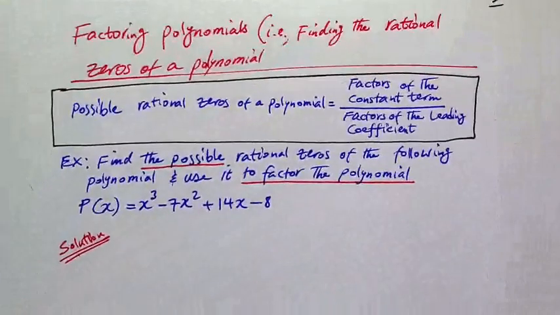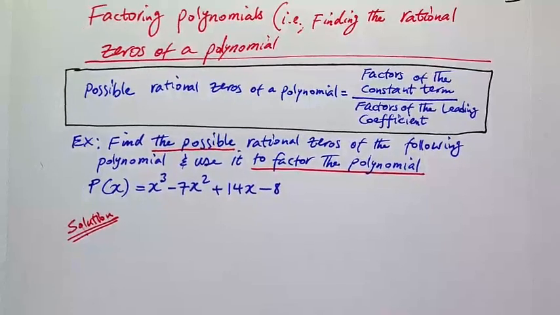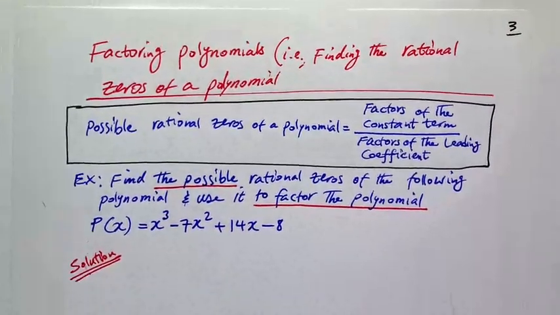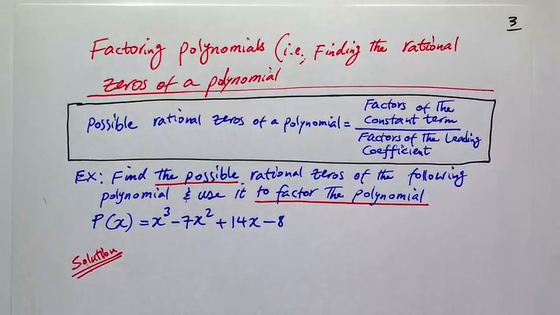The other thing we should know is that when we factored polynomials in pre-calculus, we talked about finding all possible rational zeros, right? Because a polynomial can have any kind of root. It can have complex roots, irrational roots, rational roots.